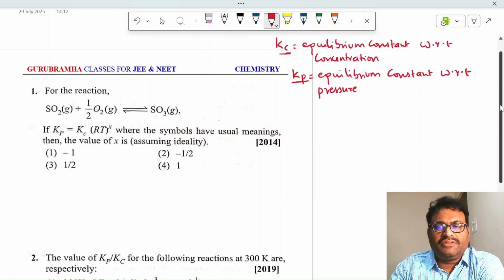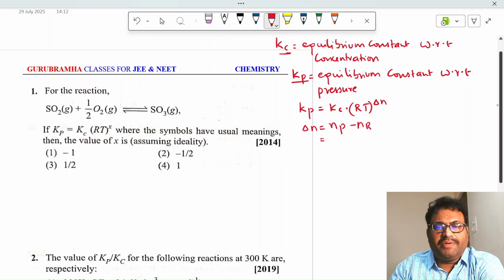Right? And what is the relation between Kp and Kc? Already we have derived that Kp is equal to Kc into RT power delta N. Where what is meant by delta N? Delta N is equal to Np minus Nr.